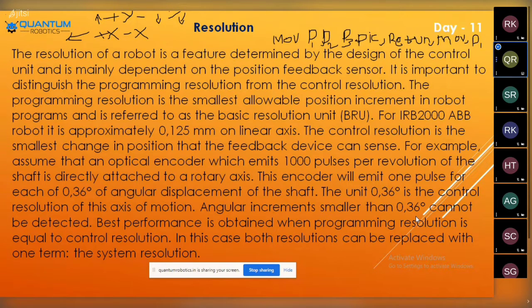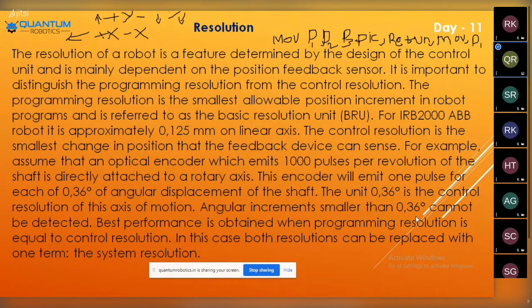In this case, both resolutions can be replaced with one term, the system resolution. All the resolutions can be replaced with the one term, that is system resolution. That system resolution is going to be explained. It makes us do the particular task by using this.